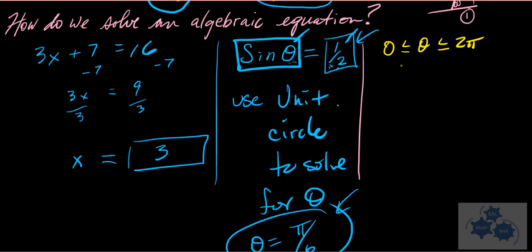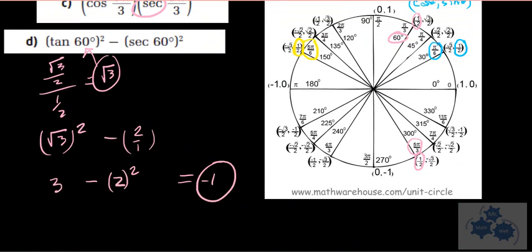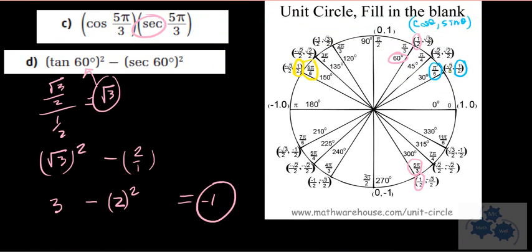So you're going to be accompanied by this sort of restriction. And that means that you need to list all possible answers between 0 and 2 pi, or within one full rotation. So that's where we would say pi over 6, as well as 5 pi over 6. All these other ones are negatives, see?